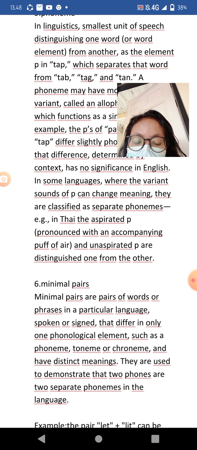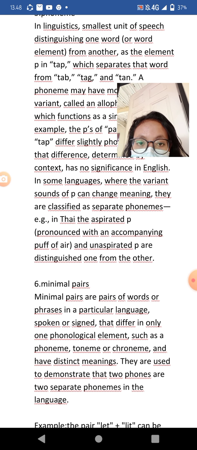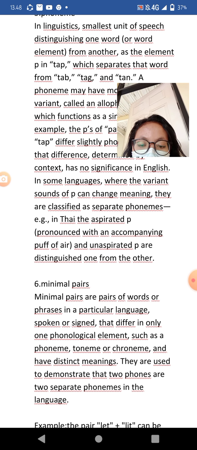Number six, minimal pairs. Minimal pairs are pairs of words or phrases in a particular language, spoken or signed, that differ in only one phonological element, such as a phoneme, toneme, or chroneme, and have distinct meanings.